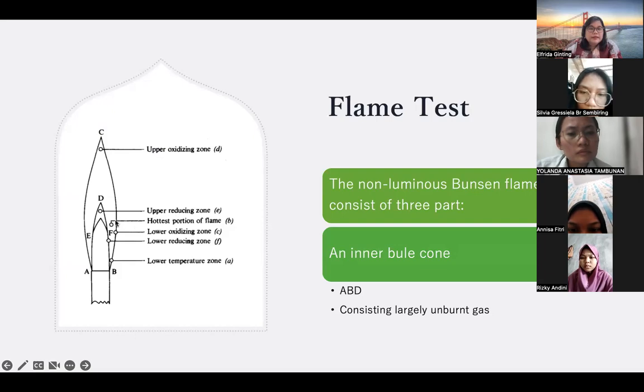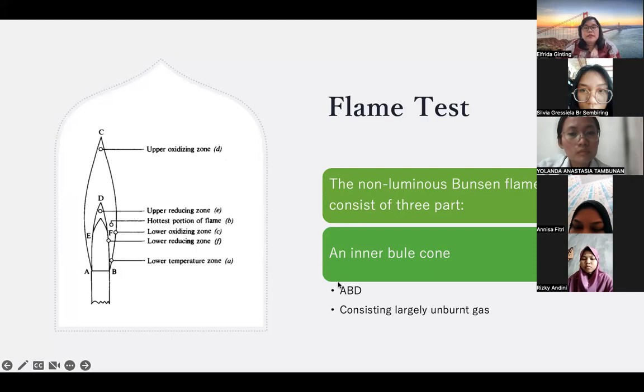This is the hottest portion of the flame. Here we have the lower oxidizing zone and the lower reducing zone. And this is the lower temperature zone. Even though this is close to the bottom, the source of the energy, we still call it the lower temperature zone. So the hottest part is in this region, and usually the color will be blue.